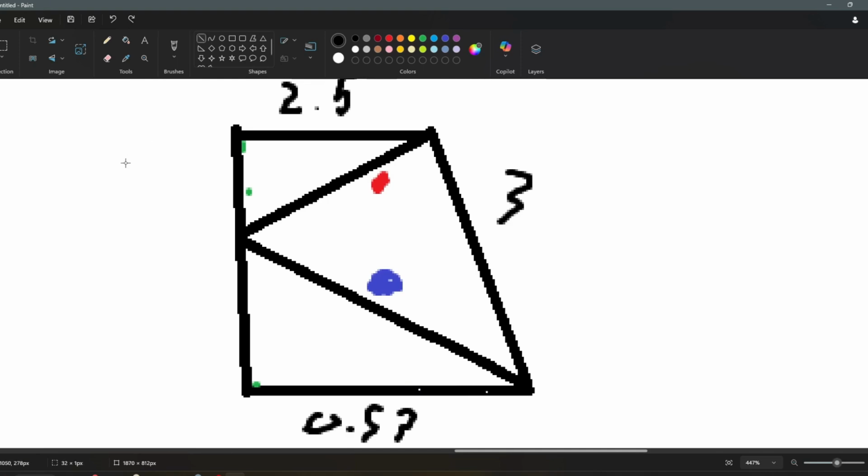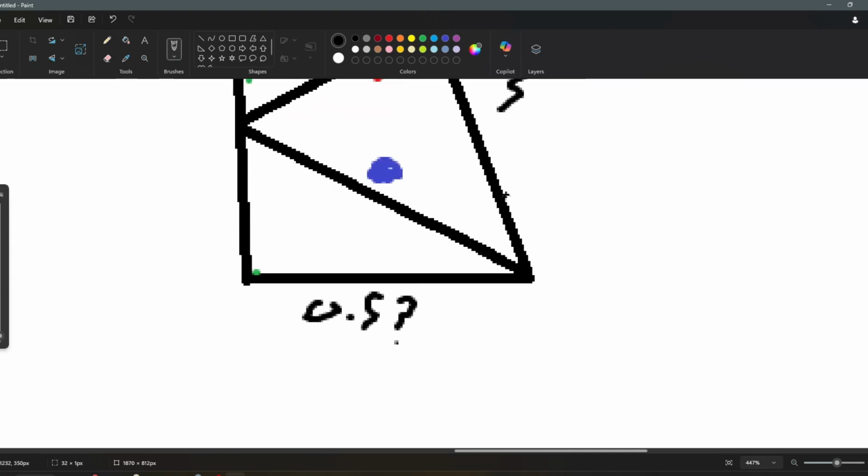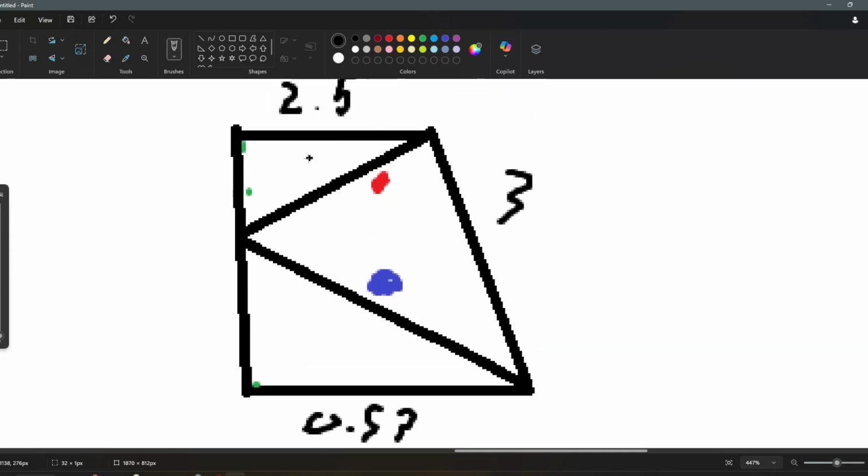I'm spending a while on this problem. Imagine I don't get it. Okay, so what can we know about this? We know that this is equal to this.